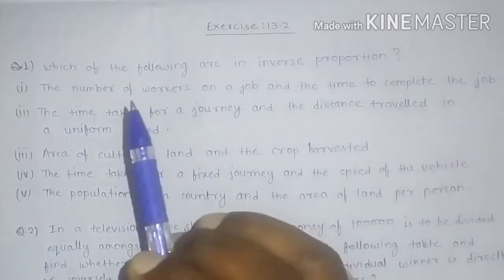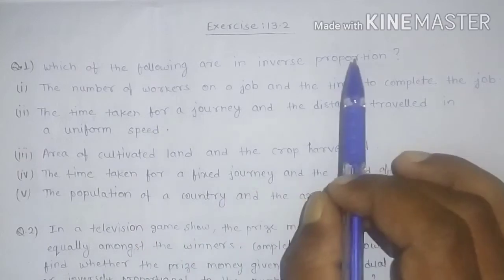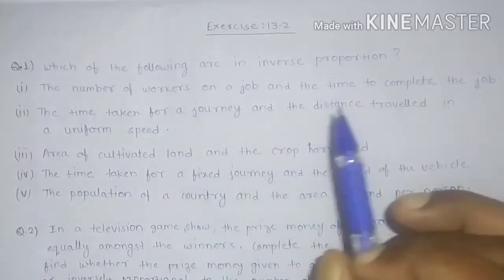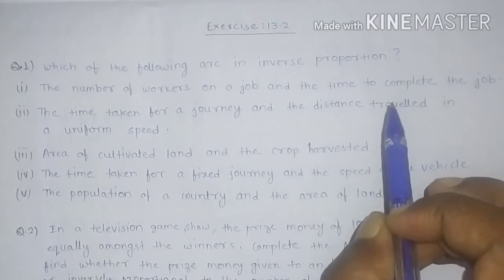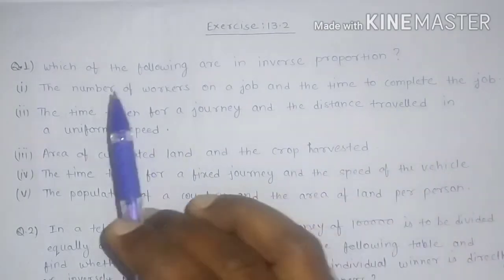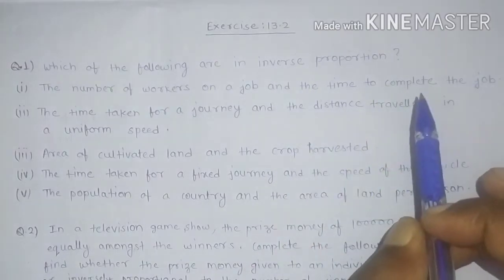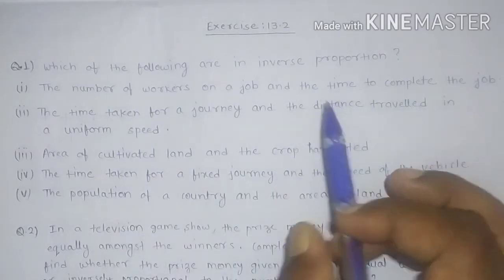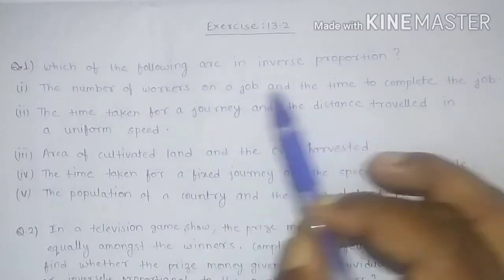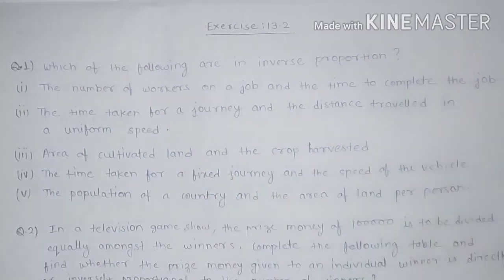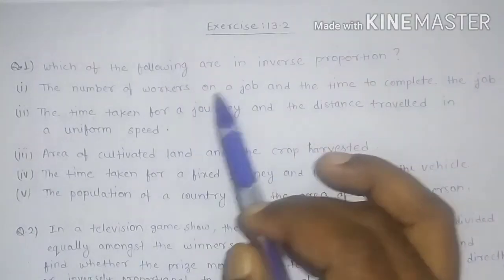So it is in inverse proportion, because if we increase the number of workers, the time to complete the job is less, and if we decrease the number of workers, the time to complete the job is more. If one is increasing, the other will be decreasing, and if one is decreasing, the other will be increasing. These are in inverse relation.